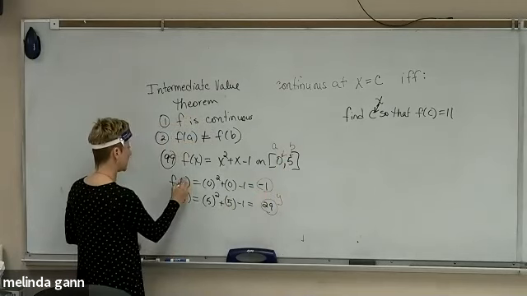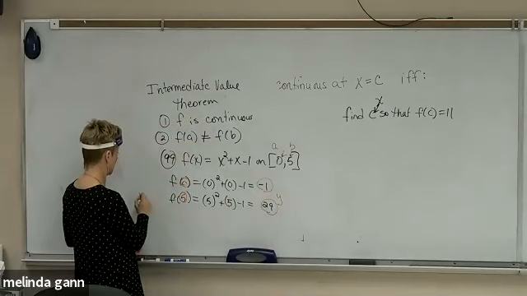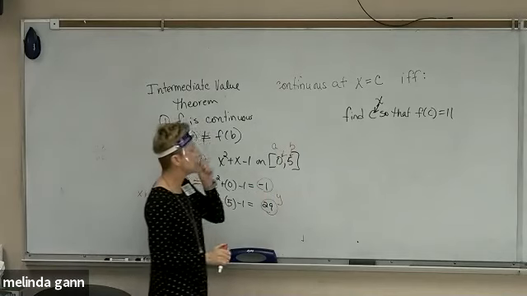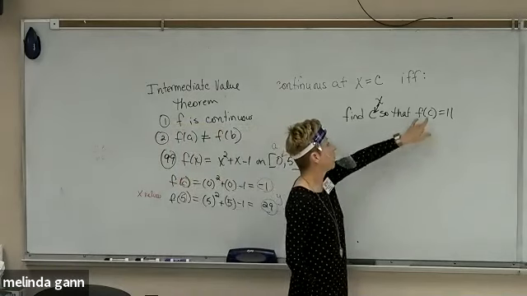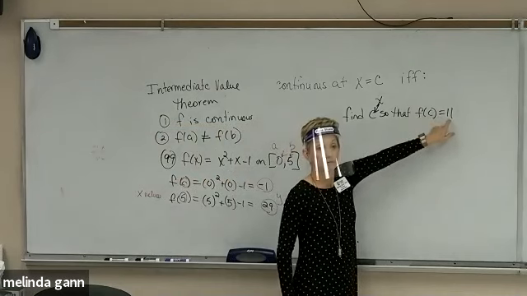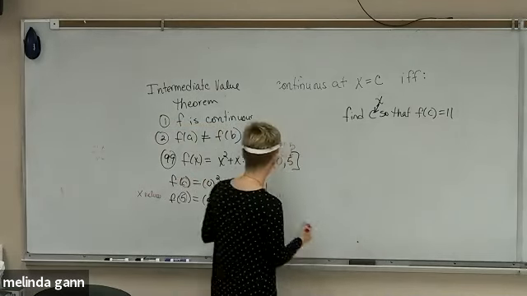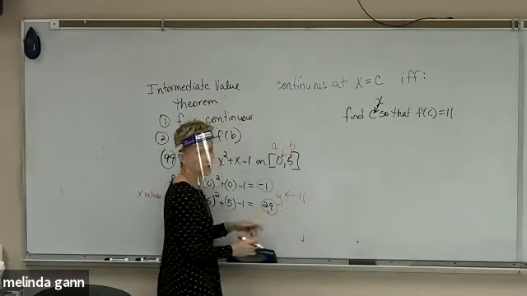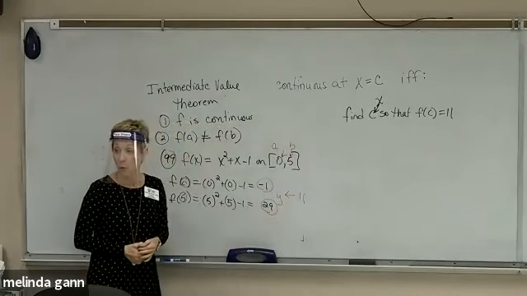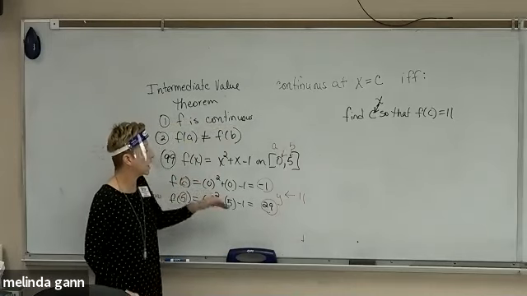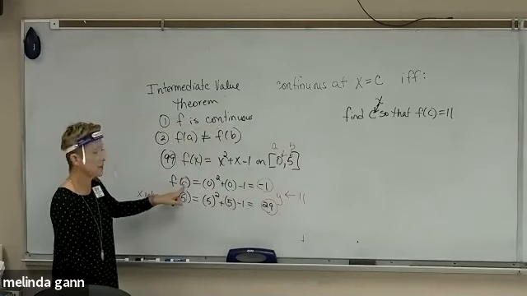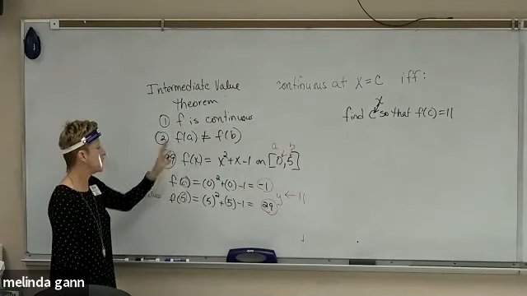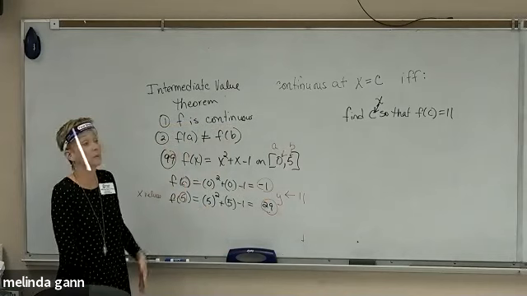It wants to know where your y value is 11. Isn't 11 somewhere between -1 and 29? Well, then you know the x that you plug in to get it has got to be somewhere between 0 and 5. But the theorem doesn't help you find it. You just have to plug and chug.